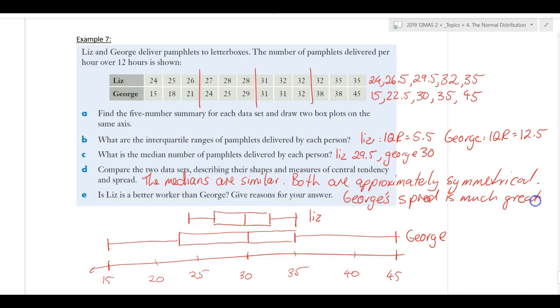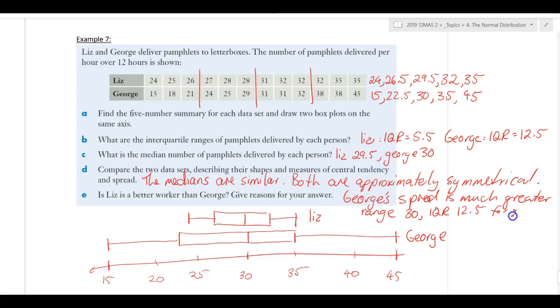Greater. And I'll give a couple of numbers to go with this. The range is 30. The interquartile range we worked out was 12.5.